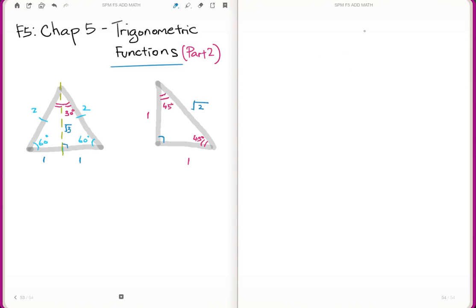Now, to start out with, you need to recap from what you have learned. I mean, by now, actually you should know. If you don't know, then never mind.